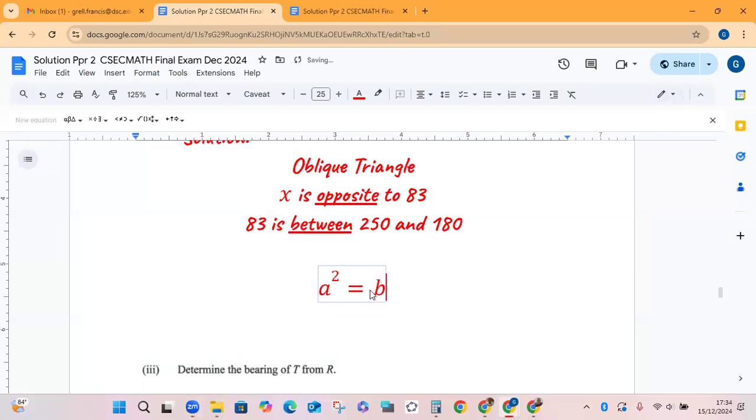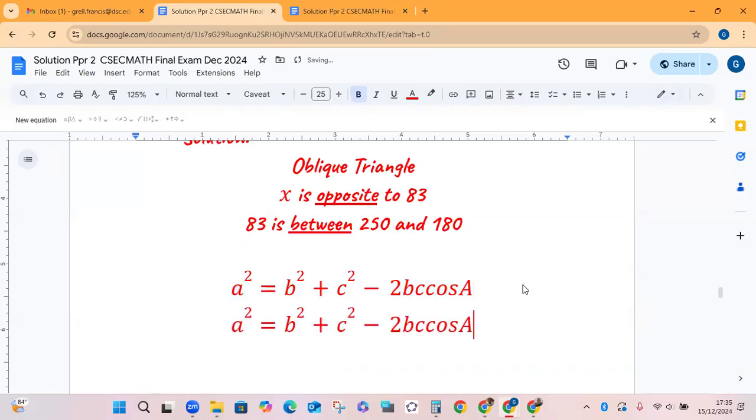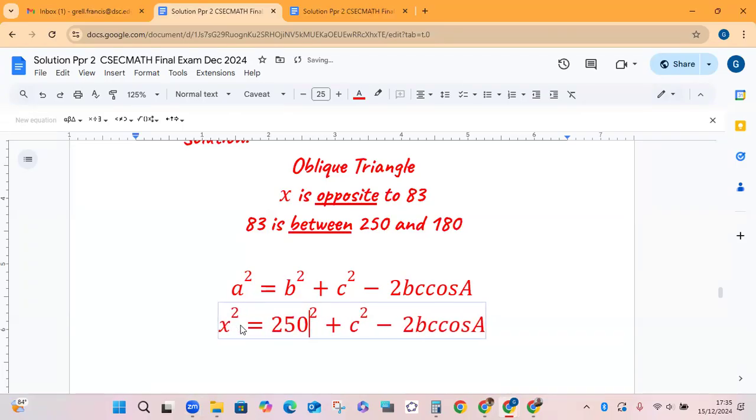So here we are proceeding to write it down. a squared is equal to b squared plus c squared, subtract 2bc cosine of angle A. x will replace the letter a in our case. b can be 250 or 180, it doesn't matter. c, since we put b for 250, we have to put c for 180.